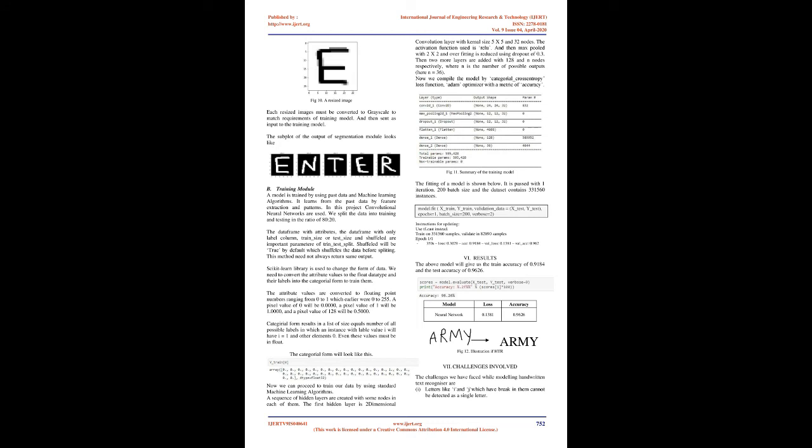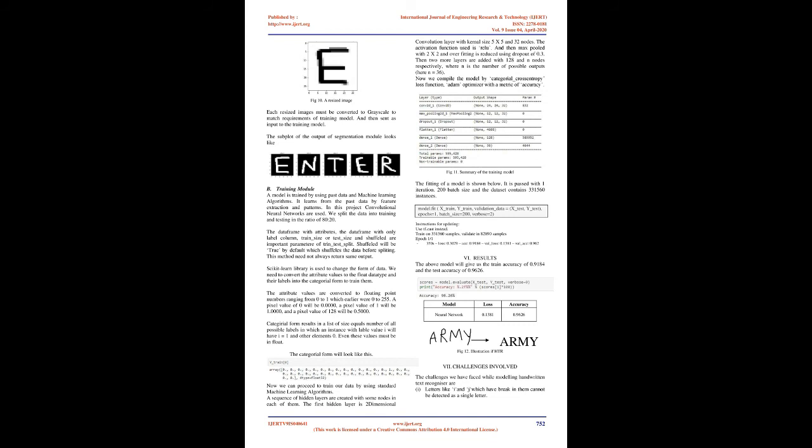Now we can proceed to train our data by using standard machine learning algorithms. A sequence of hidden layers are created with some nodes in each of them. The first hidden layer is a two-dimensional convolution layer with kernel size 5x5 and 32 nodes. The activation function used is ReLU. And then it is max pooled with 2x2 and overfitting is reduced using dropout of 0.3.